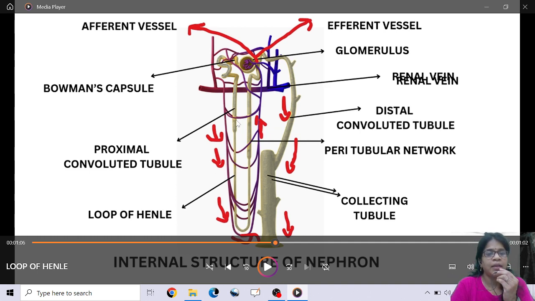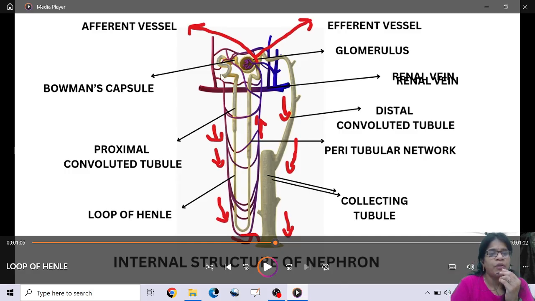This loop of Henle is situated in the medulla of your kidney, and the Bowman's capsule, along with the afferent and efferent vessels, is present in the cortex of your kidney.